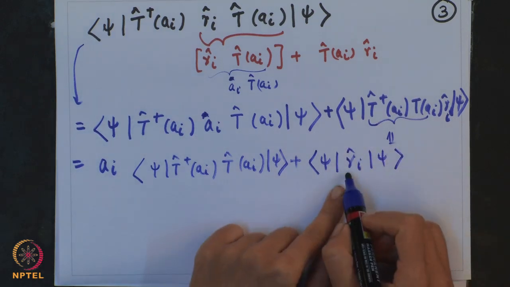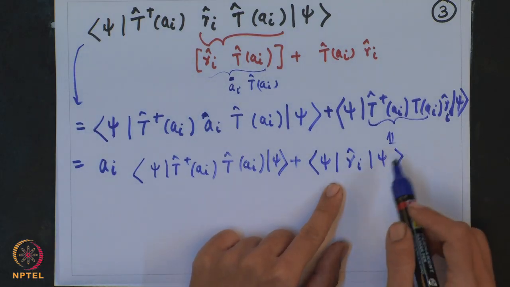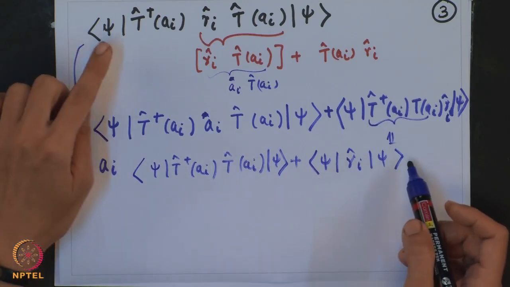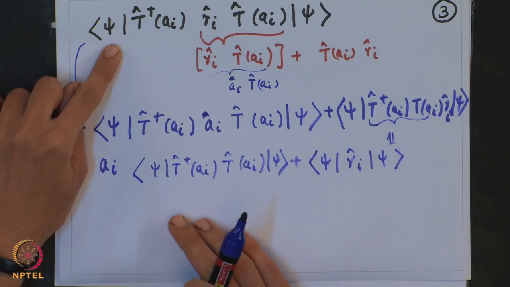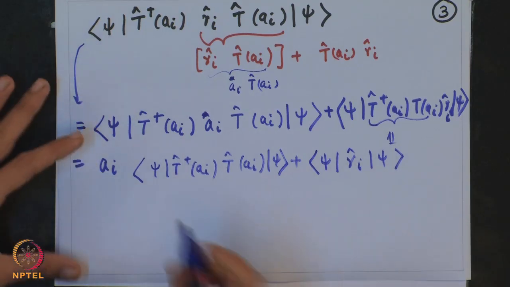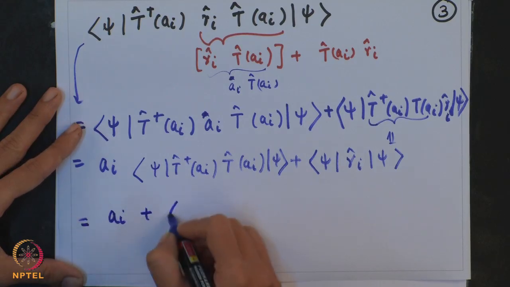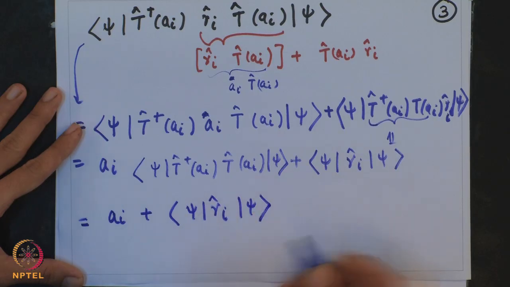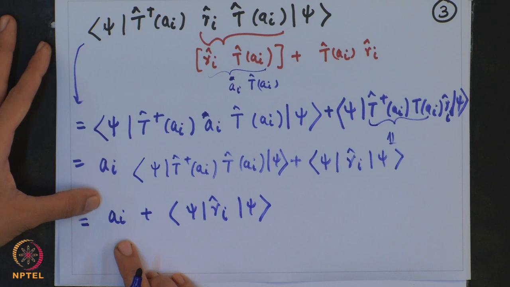Okay. So, this is the expectation value of R_i on the state psi, and when you operate the translational operator, it is getting shifted by amount A_i. So, in the end what we see is that there is a shift in the position by A_i.